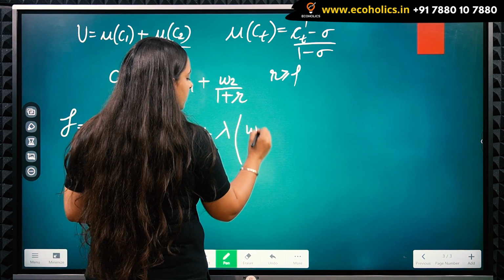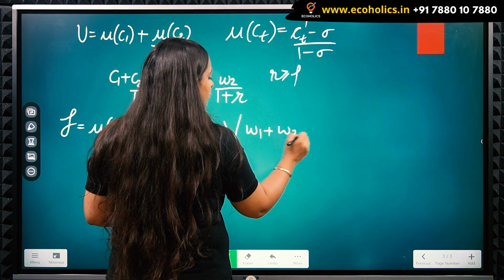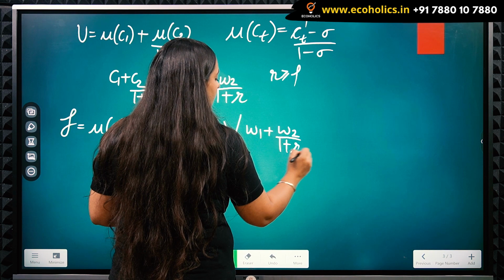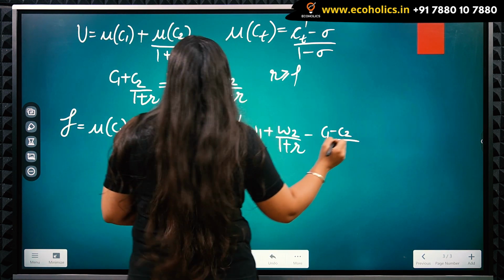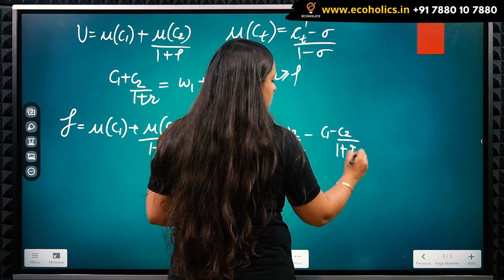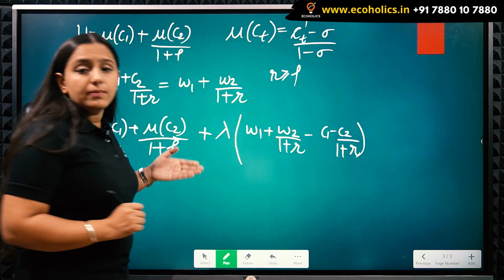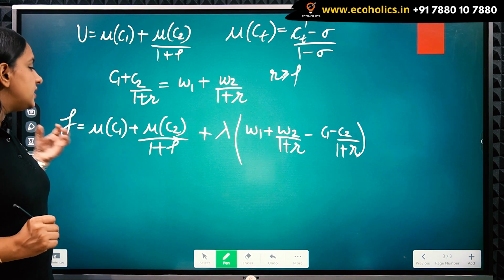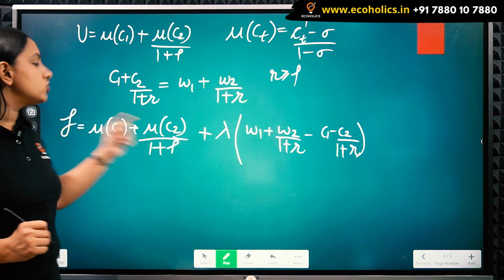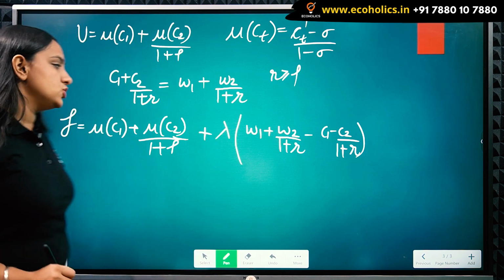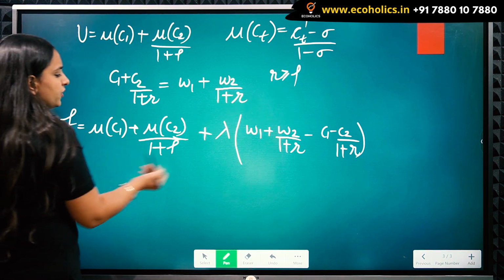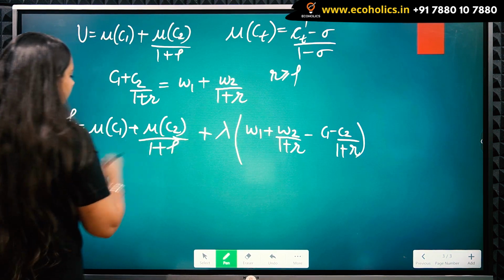So I will get W1 plus W2 upon 1 plus R minus C1 minus C2 upon 1 plus R. Then my next task is to differentiate this with respect to C1, with respect to C2 and with respect to the Lagrange multiplier. So let's differentiate it with respect to C1 and C2.